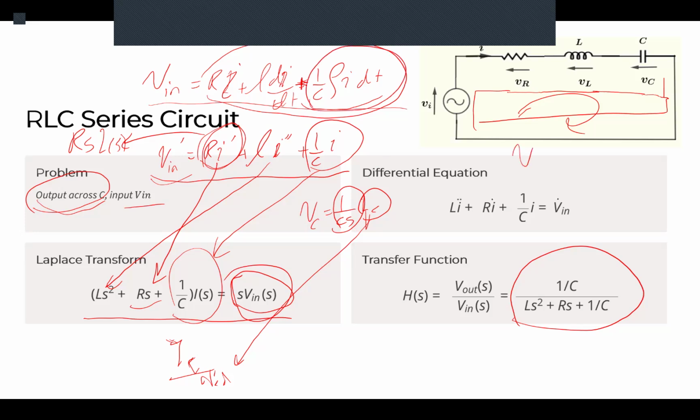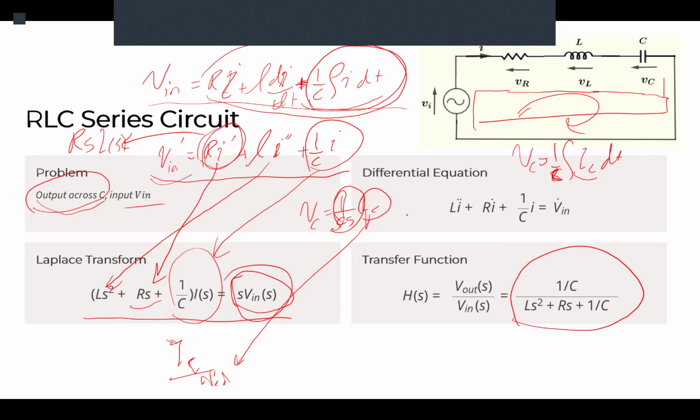The voltage of the capacitor is 1 over C integral of I of the capacitor dt. 1 over C is constant, so we have 1 over C here. And the Laplace of an integral is 1 over S times that function.